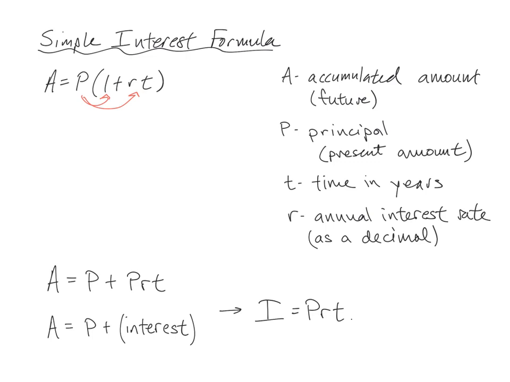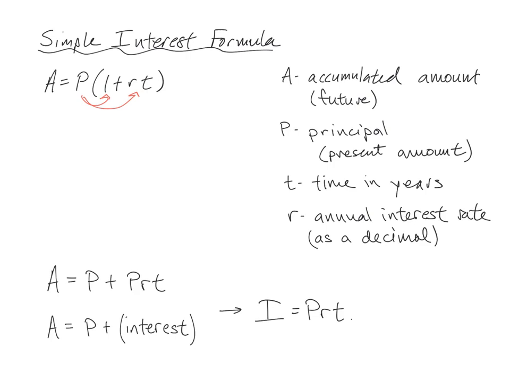Hopefully, you'll have a bigger amount of money. So what this tells us then is that P times R times T is the amount of interest that you will earn over a certain amount of time. So the little formula for interest over here, capital I is for interest earned, is P times R times T.